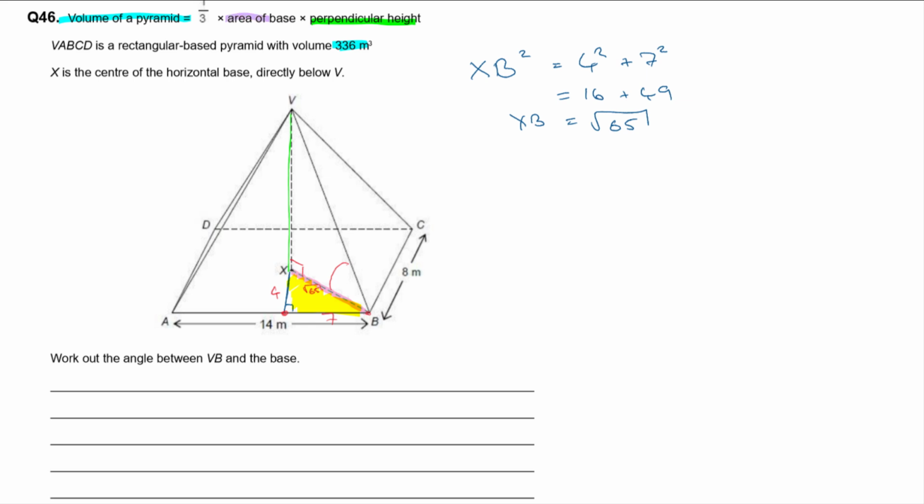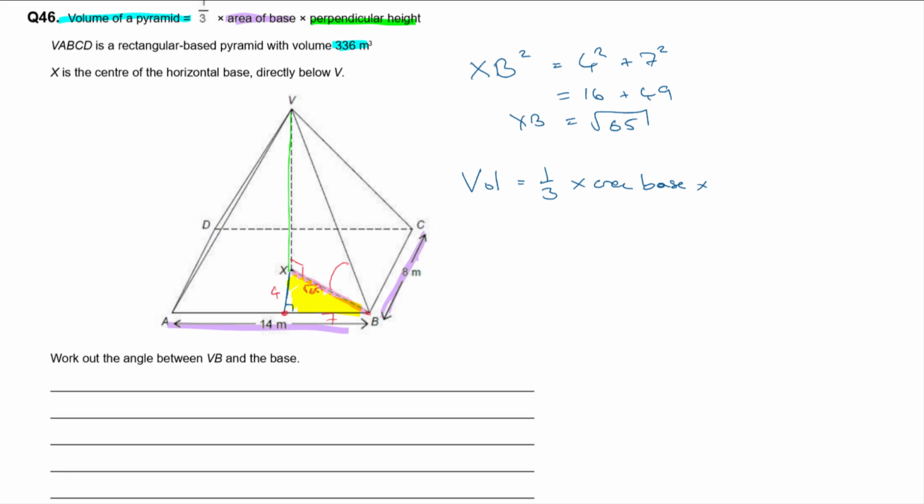So what is the area of the base? Well, the area of the base is going to be 14 times 8, isn't it? So I can work out the area of the base fairly easily. So let's say the volume is equal to 1/3 times the area of the base times the height.